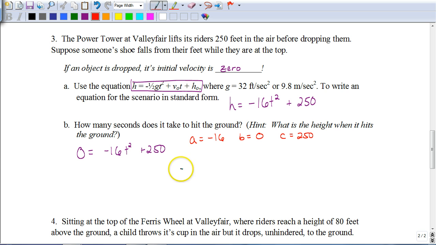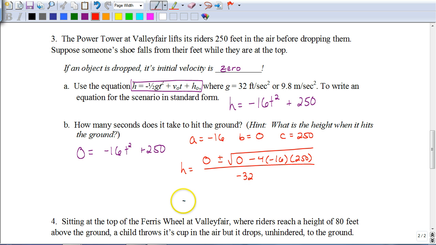So when I set this up, it's going to be t equals the opposite of b, which is just 0, plus or minus the square root of b squared, which is 0, minus 4 times a, which is negative 16, times c, which is 250. All of that divided by 2a. A is negative 16, so it's divided by negative 32.